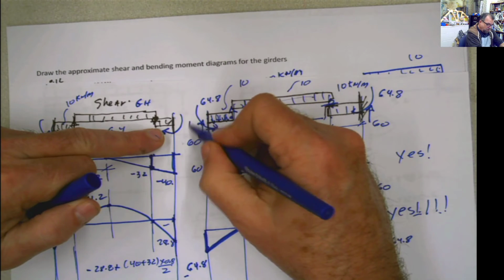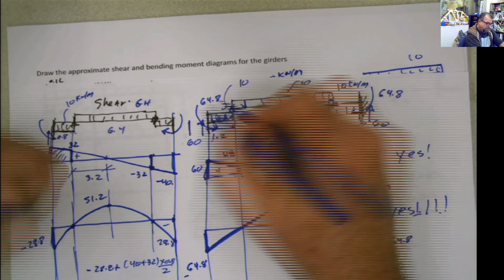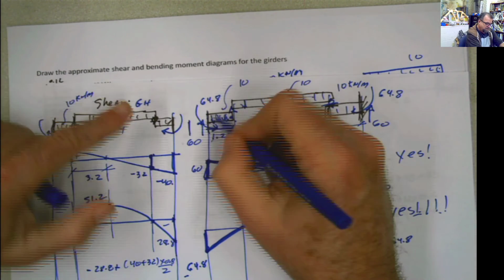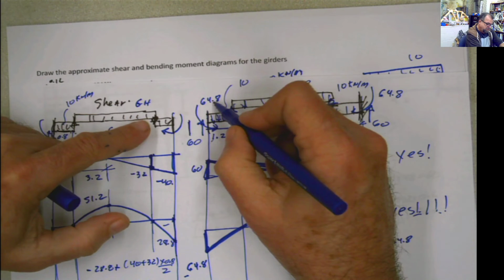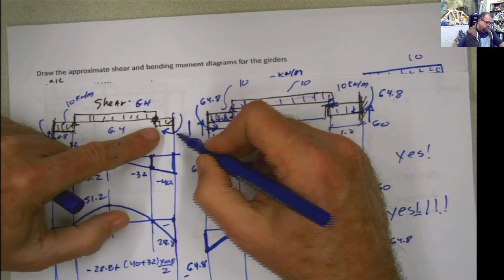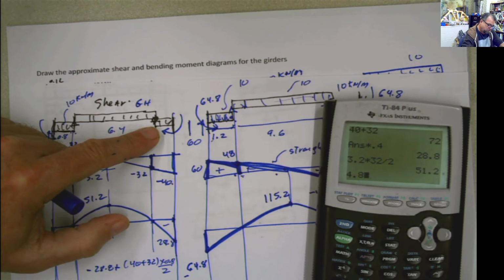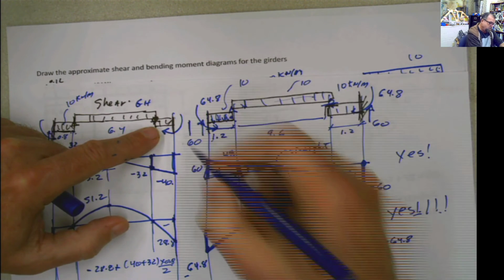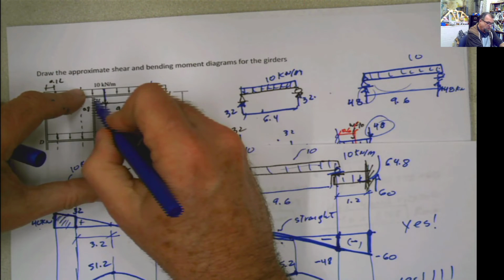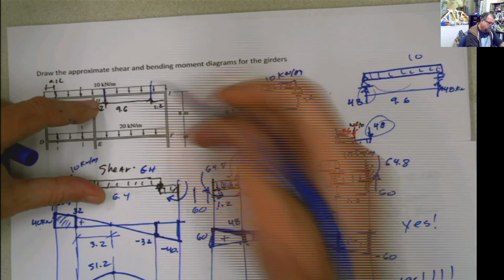That means that the column itself has to be absorbing part of these moments, because the summation has to be 0. If this is 64.8 and this is 28.8, the difference is 36. That moment is going to be absorbed by the column at the joint.